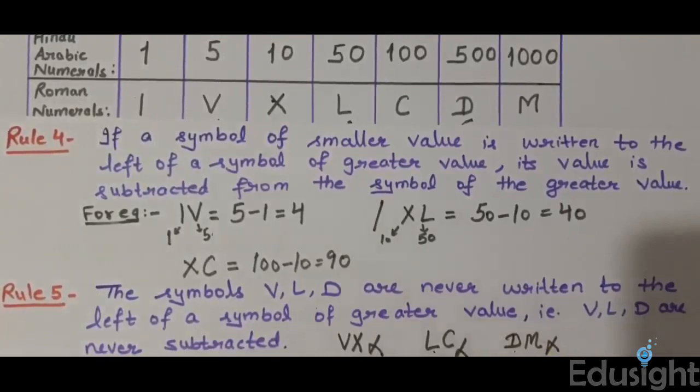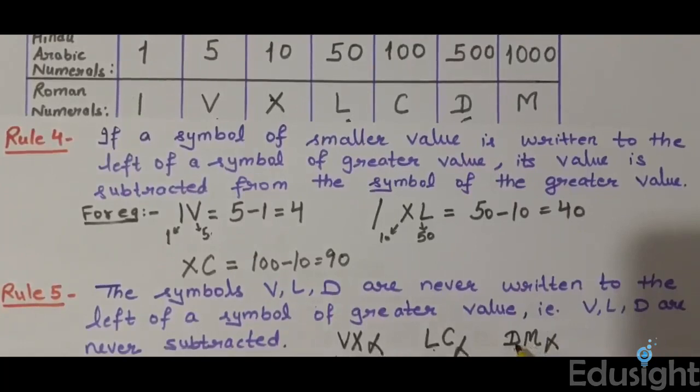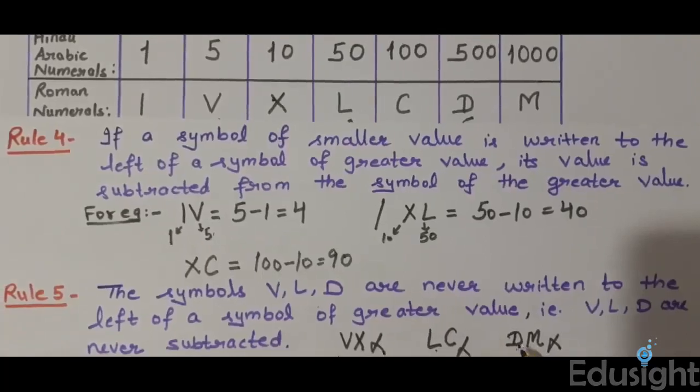Right? Writing on the left side means that subtraction is happening. That's why it is written here that V, L, D are never subtracted. So V, L, D have two restrictions: they are never subtracted, and in rule number 2 we studied V, L, D are never to be repeated. Right? So remember this.